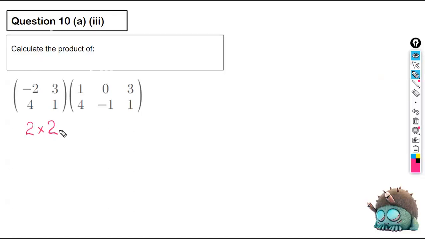That one is pretty easy. The other one, is this a 2 by 3 or is this a 3 by 2? What type of matrix is that? It's a 2 by 3. 2 rows, 3 columns. 2 by 3.